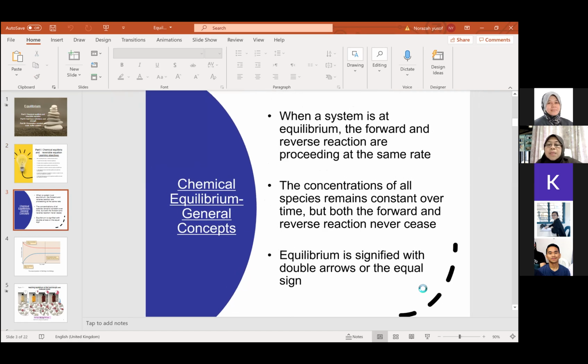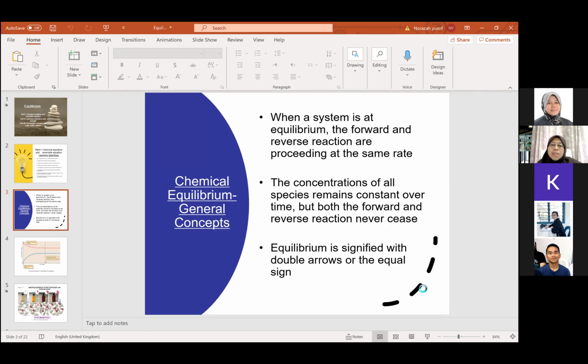The first thing that we have to understand is that when a system is referring to a chemical reaction, the forward and the reverse reaction rate matter. Usually we have a confusion that when a system is at equilibrium, the forward and reverse reactions are the same. It's not that the forward and reverse reactions are the same, it's that the forward and reverse reaction rates are the same.